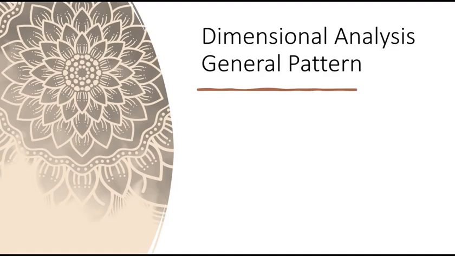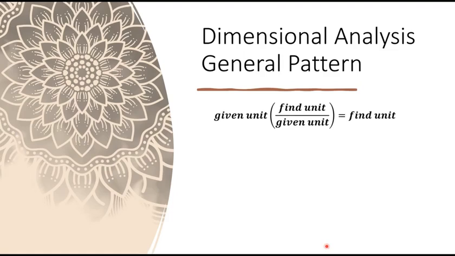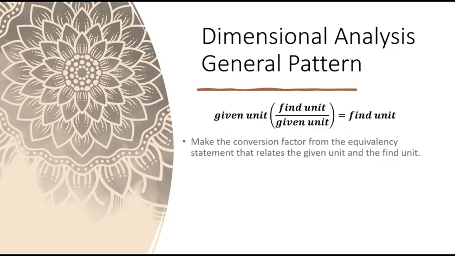There is a dimensional analysis pattern that we want to make sure we follow when we set up our work. We will have to know what the relationship is between our given and our find unit in order for us to set up our conversion factor. Usually, our given unit and our given information is in the numerator. Therefore, our conversion factor should have it in the denominator in order for the given units to cancel out and the find unit to be left.